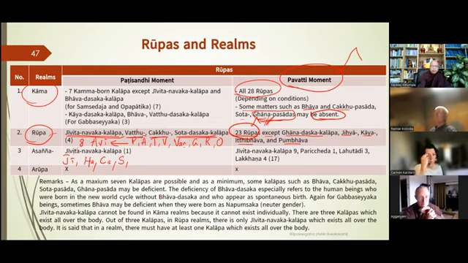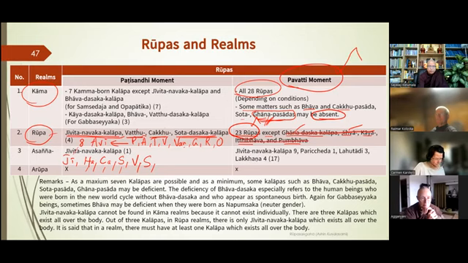So how many? 9, 10, 11, 12. Okay, so Sota, Ghana, Jivha are absent, and Itthibhava, Pumbhava. So what are the rest? Visible matter is already there.